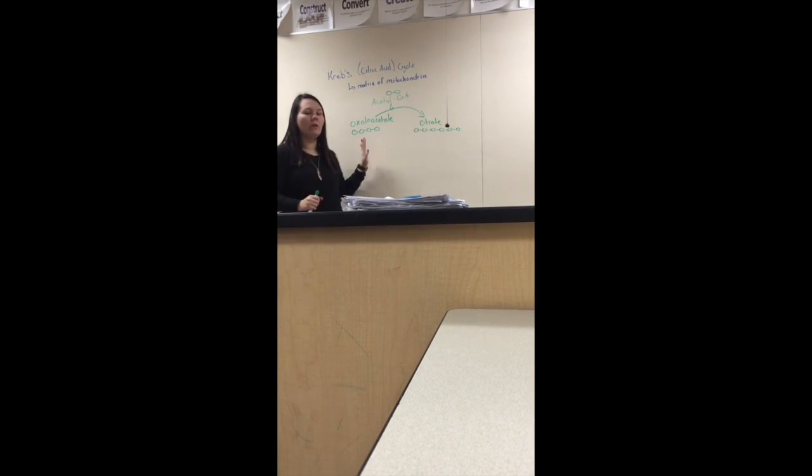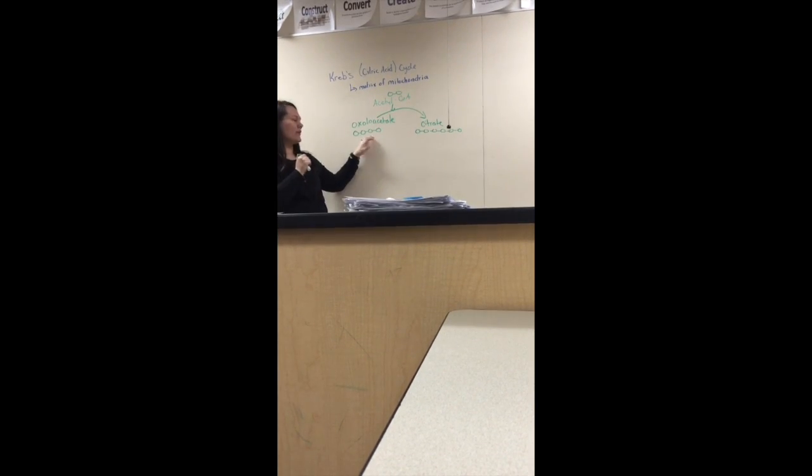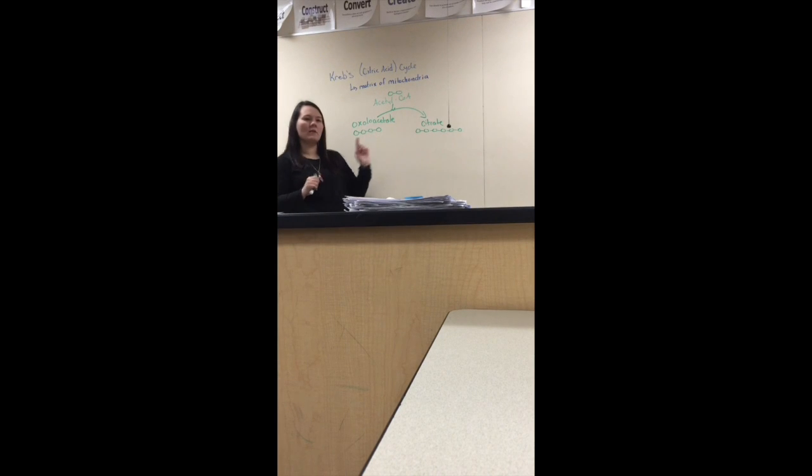Now, which one of those has higher energy, oxaloacetate or citrate? Which one's a higher energy molecule based on your activity yesterday? Citrate. Why is citrate a higher energy molecule than oxaloacetate? What makes this have higher energy than this one?